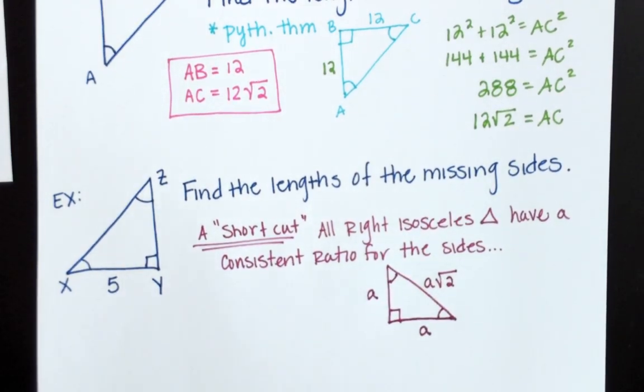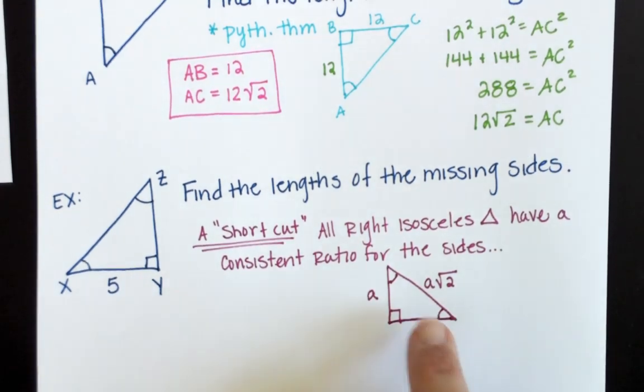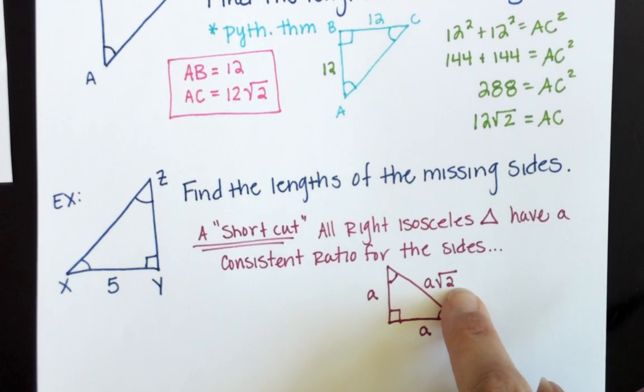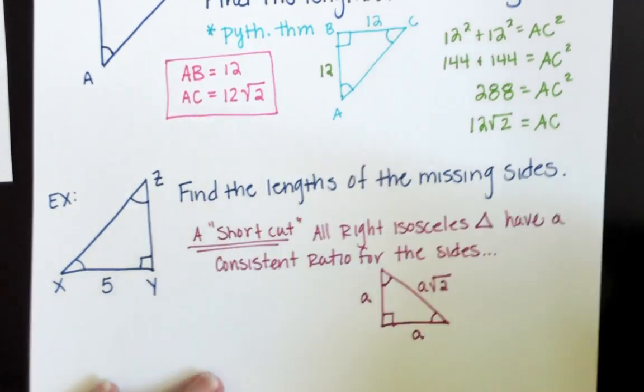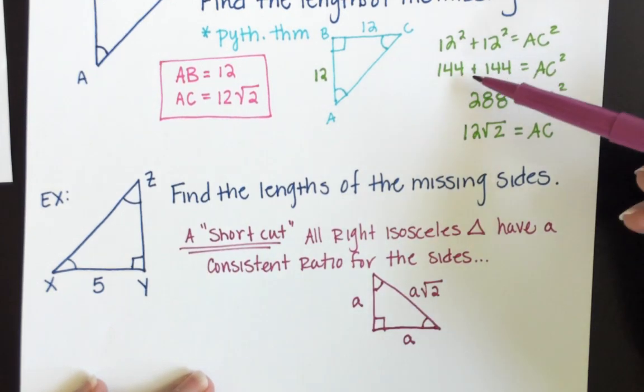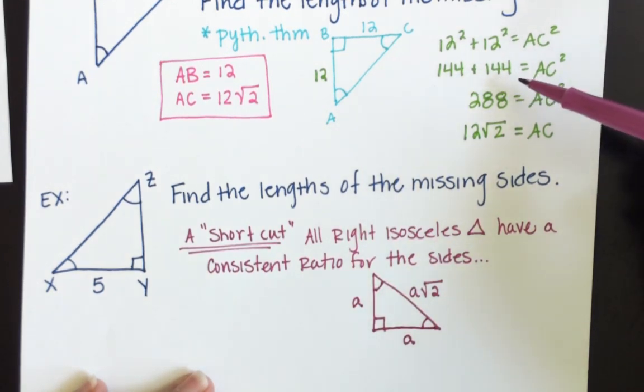Always. So it doesn't matter what the side lengths are. If it's 12 or 5, you automatically know that the other one has to be the same, and that the hypotenuse will always be that value radical 2, and you can see why it's going to happen. You're always going to have that repetitive leg that creates that situation.